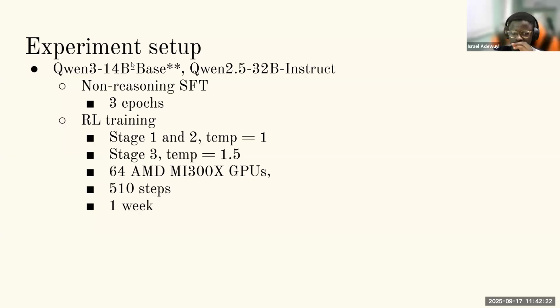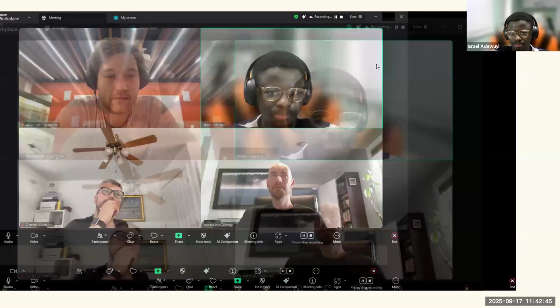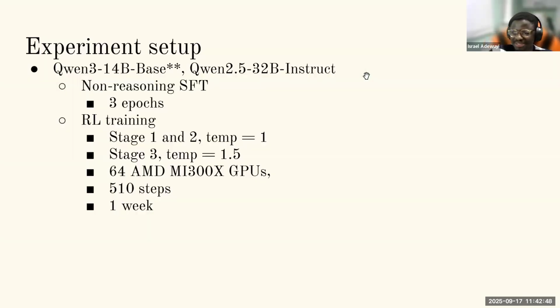The base model had gone through the pre-training stage, but there was no tool use fine-tuning yet. There was no instruction following fine-tuning yet. So they carried out the non-reasoning SFT with tool use, JSON formatting, instruction following, and every other capability they were trying to elicit. I don't know if I answered the question specifically.